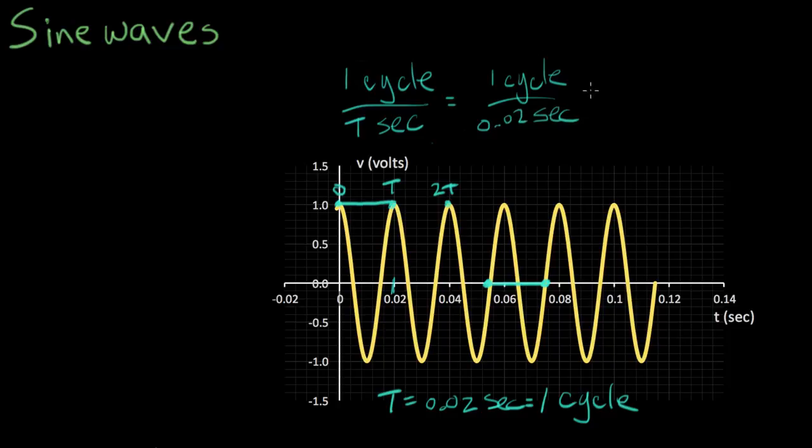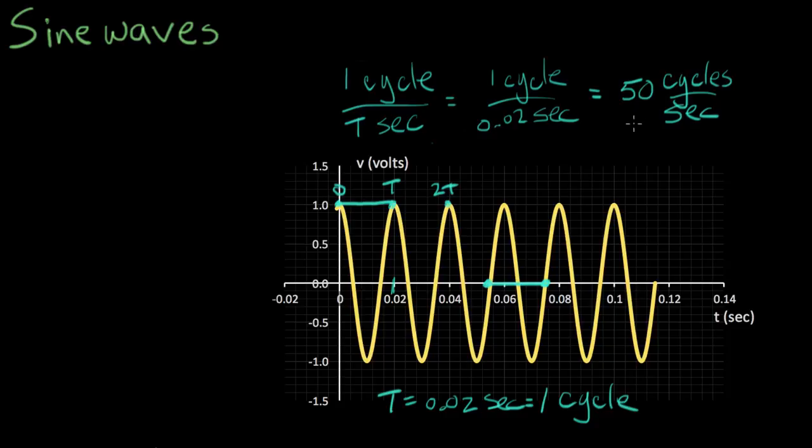If we take the reciprocal of 0.02, we get 50 cycles per second. That's the repetition rate of this sinusoid, 50 cycles per second.